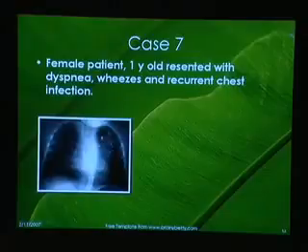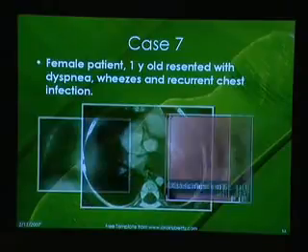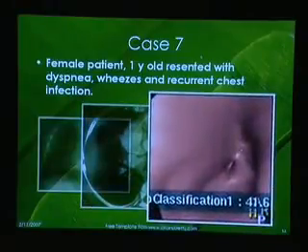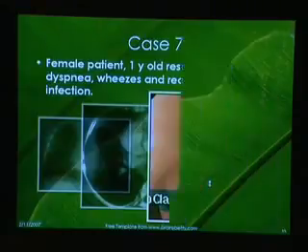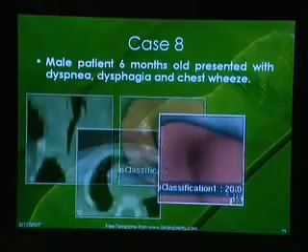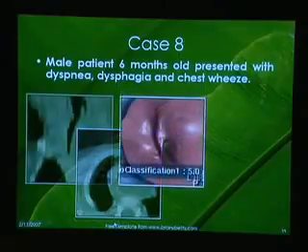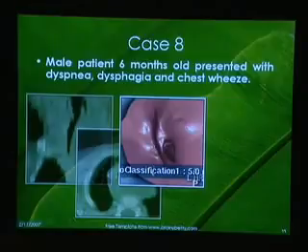We have here a large soft tissue shadow on the left side of the mediastinum. This is the bronchogenic cyst on CT, and here is the external effect on the airway by virtue of the cyst. Another case with wheezes. It was a paratracheal cyst causing external indentation on the airway.